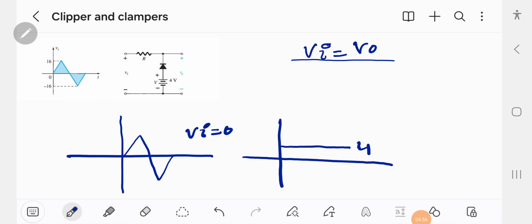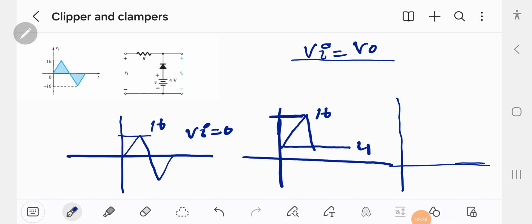So for the on state of the diode, we are getting a constant 4 volt. For the off portion, we are getting a total of 16 volt. So the output waveform will look like this.